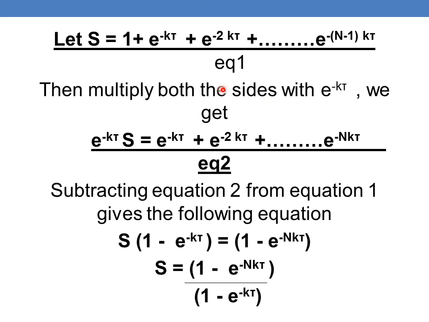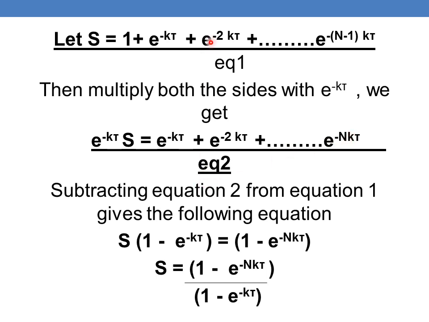And if you multiply on both sides by e to the power of minus K tau, then we get e to the power of minus K tau S equal to e to the power of minus K tau plus e to the power of minus 2 K tau, and so on till e to the power of minus n K tau, and let this be equation 2.